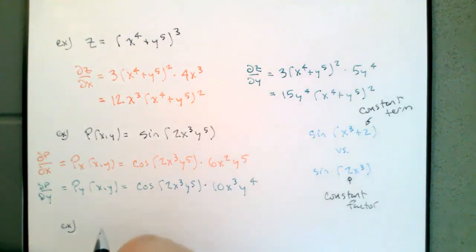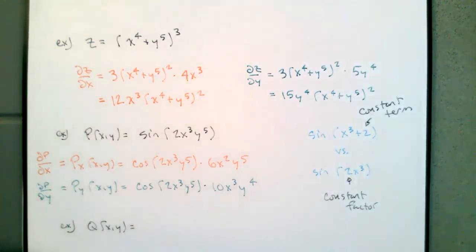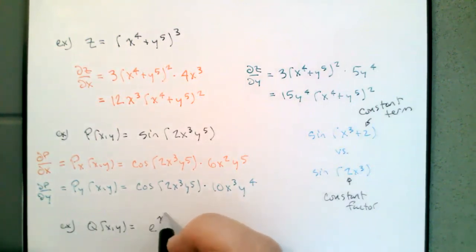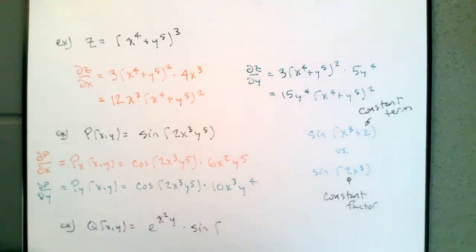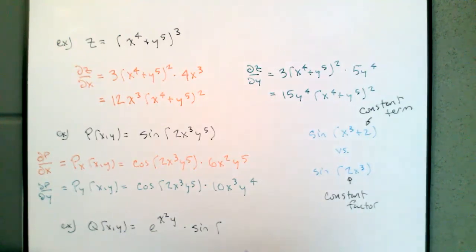Let's suppose that we have a function, let's say q of xy is e to the x squared y times the sine of x cubed.